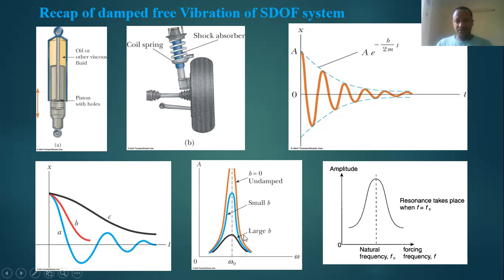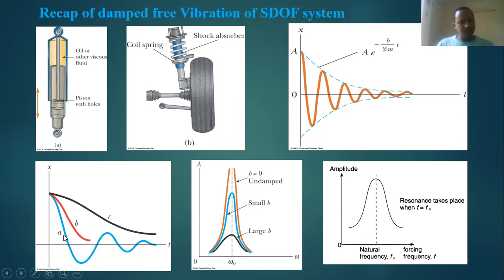This is what we have discussed already, the resonance condition. Natural frequency f0 and forcing frequency: whenever the forcing frequency and natural frequency coincide, that is the point where resonance will occur. So this is the undamped or resonance condition. This is the very small damped case, and this is the large damped case, as we discussed in the previous topic.